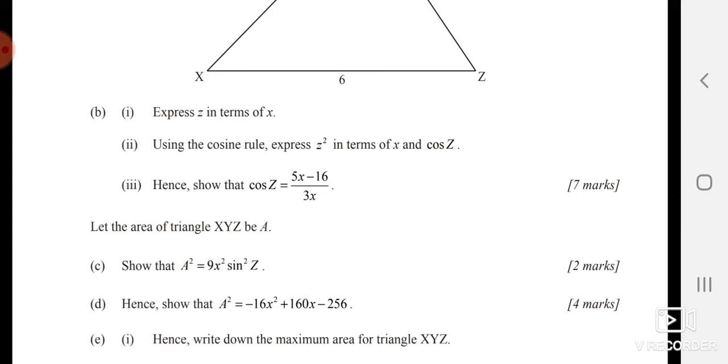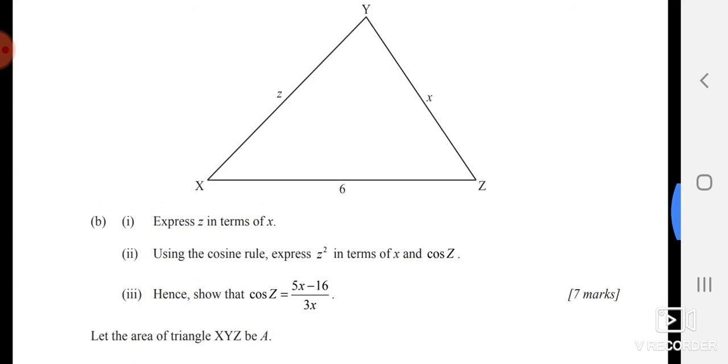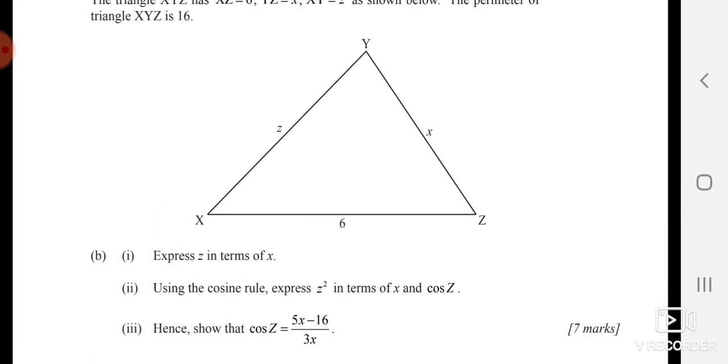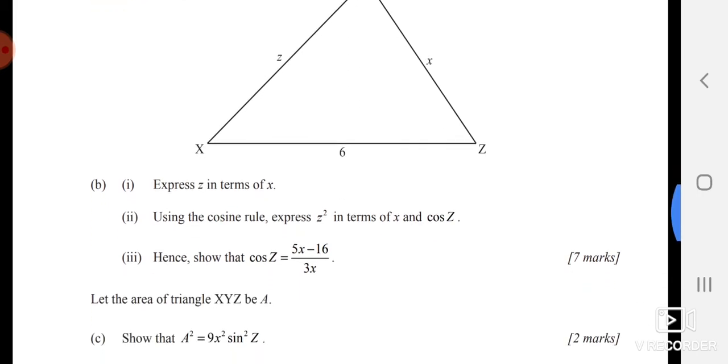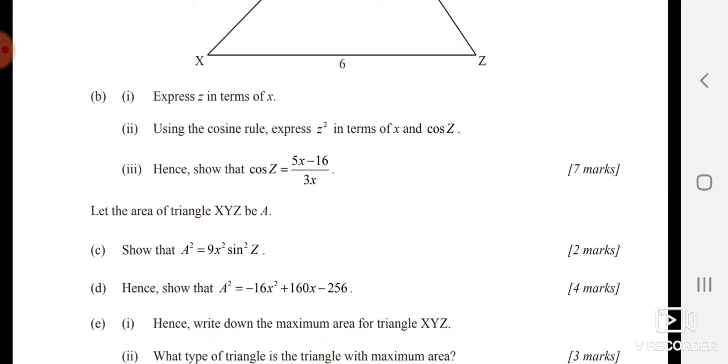Let the area of the triangle XYZ be A, and now you know the area of the triangle can be calculated. The area of the triangle is 1 over 2 ab sine theta, where a is 6 and the other length is x. So you can use this formula and you can easily calculate this area.